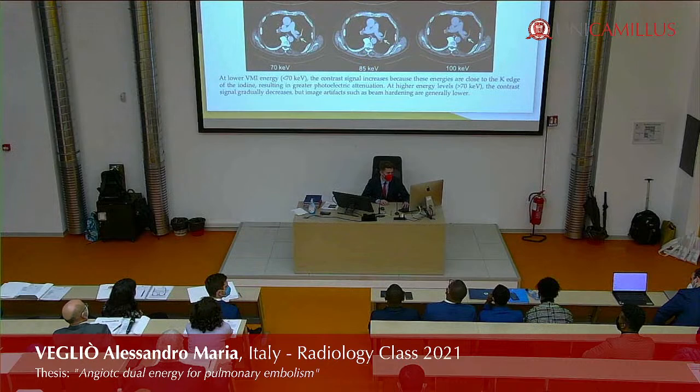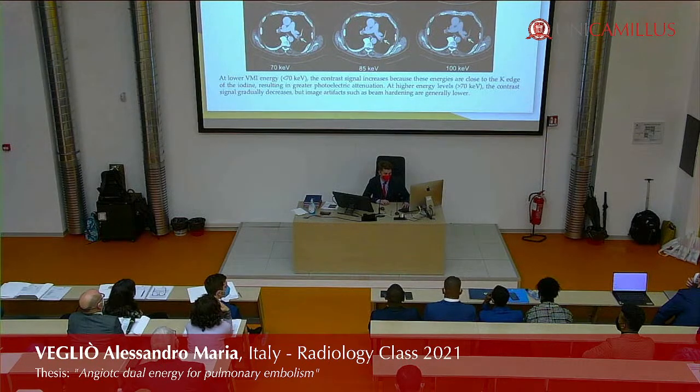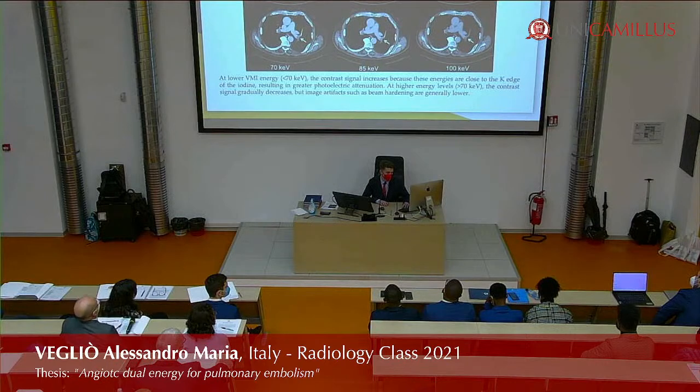In this case, at low energy levels, the photoelectric effect is the main interaction, depending on the atomic number. So the iodine is more intensified with respect to the normal image. Otherwise, at high energy levels, the Compton effect dominates and depends on the tissue density.